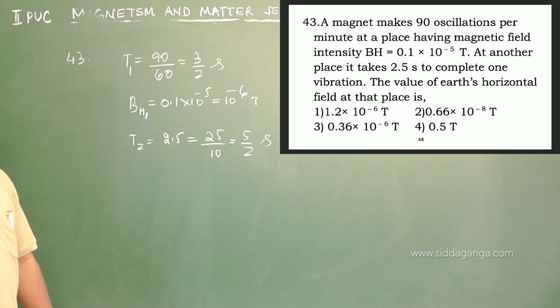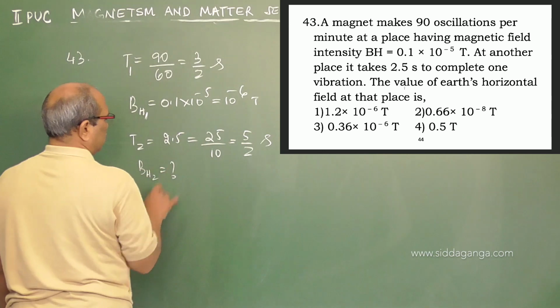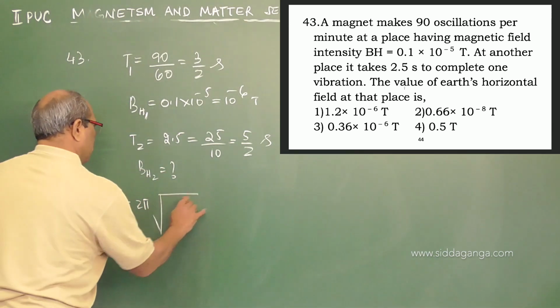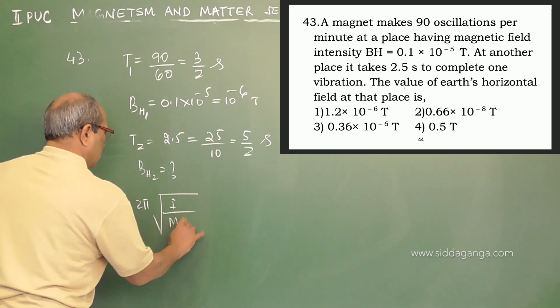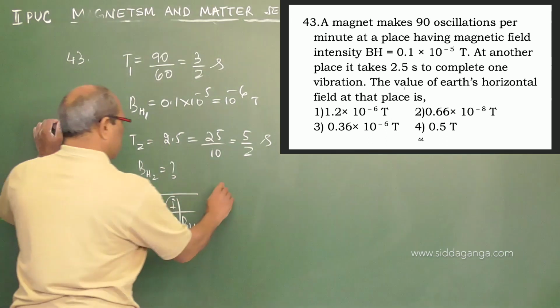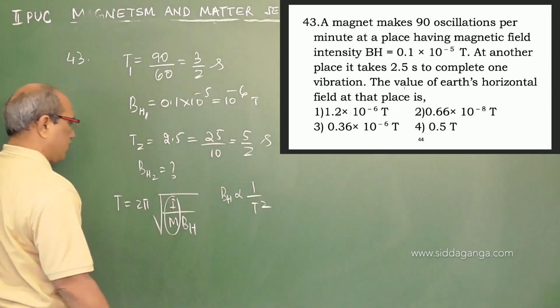The value of the earth's horizontal component BH2 is how much? You know the relation for the period of vibration magnetometer involves M and BH. The magnet is the same, so these two are same. So BH is inversely proportional to T square.